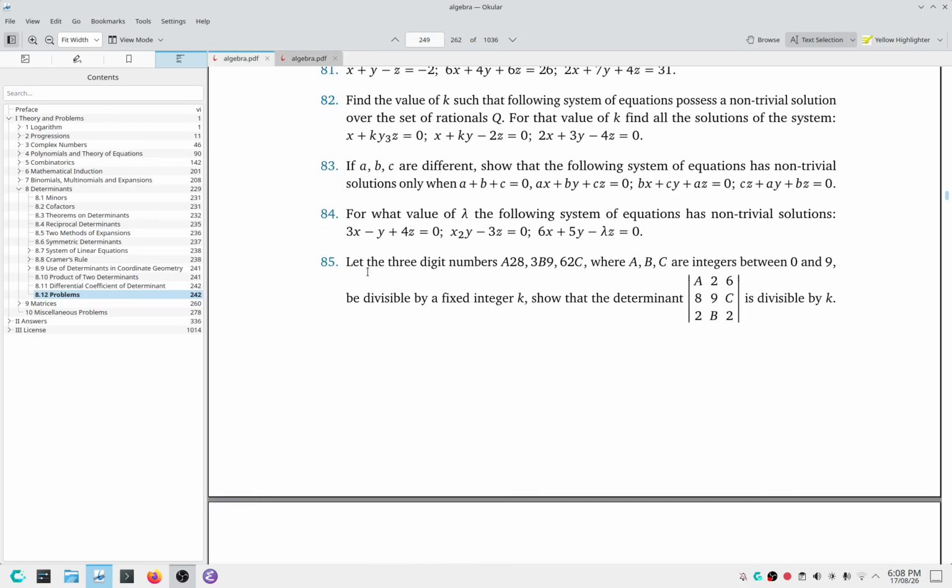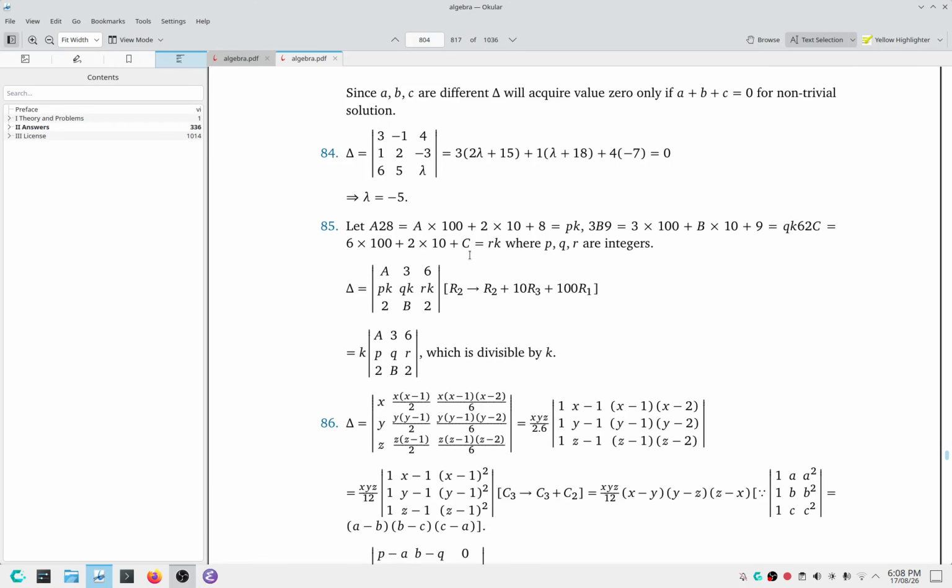Question 85 says: let the 3-digit numbers A28, 3B9, and 62C, where A, B, C are integers between 0 and 9, be divisible by a fixed integer K, so that the determinant with rows A, 6, 8; 9, C, B; 2, 2, 2 is divisible by K. So we are given that A28, which is A times 100 plus 2 times 10 plus 8, is equal to PK. 3B9, which is 3 times 100 plus B times 10 plus 9, is equal to QK. 62C, there should have been a space, 62C is equal to 6 times 100 plus 2 times 10 plus C, is equal to RK.